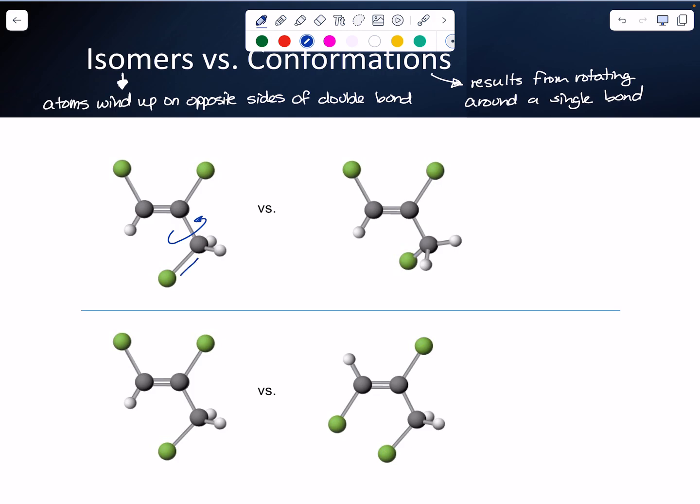In this picture, that green atom is coming out towards you, and in this one, it's going behind. So we've rotated that group around. So that is different conformations.